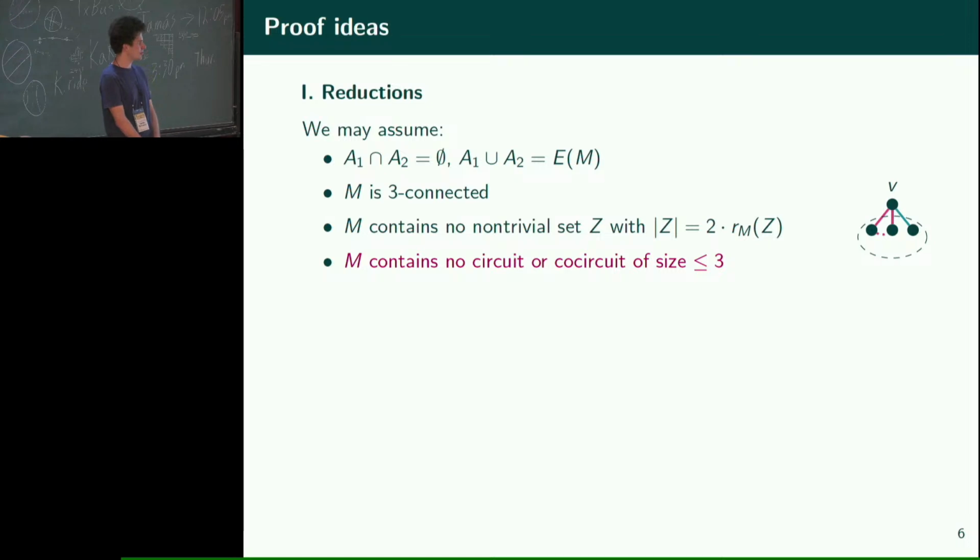For example, if you have a co-circuit of size 3, then we contract one of its elements, delete one, and get a smaller matrix that is still the union of two bases. And if we have a sequence for the smaller matrix, that gives a sequence for the larger matrix. So these reductions work for any matrix if you want to prove these two conjectures.